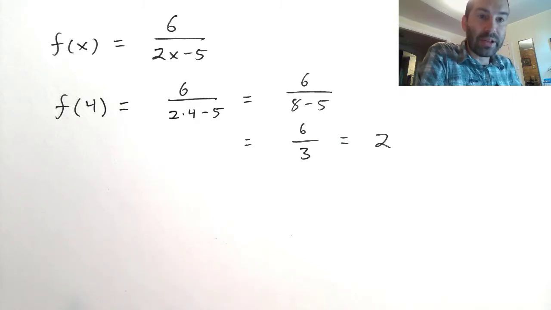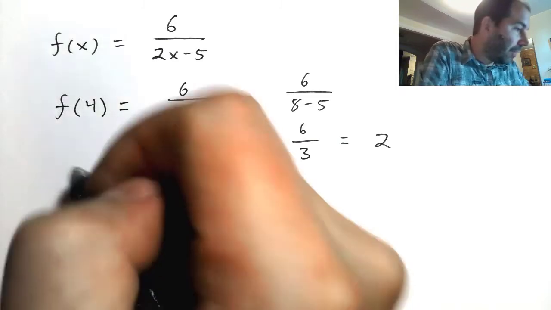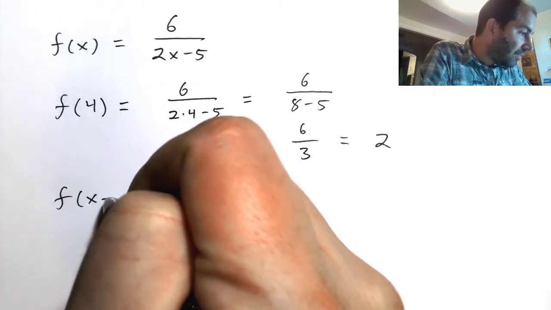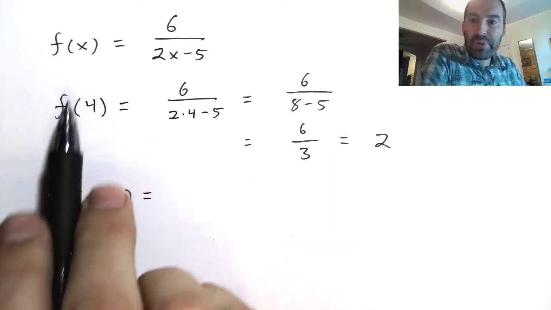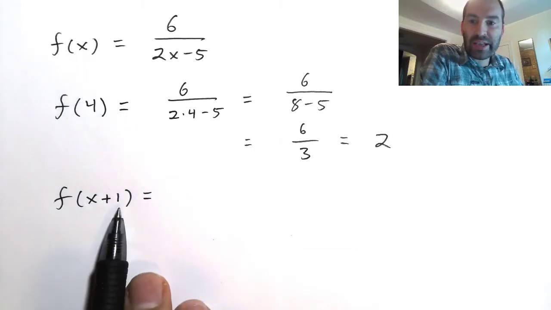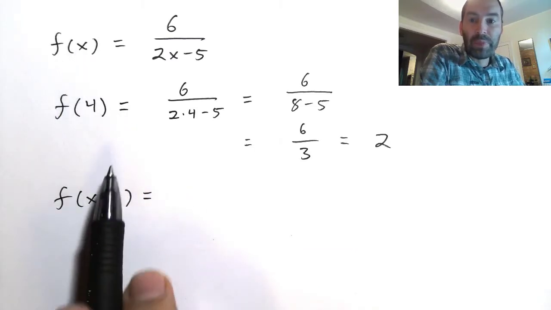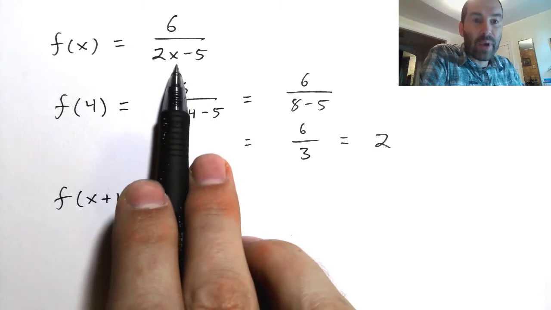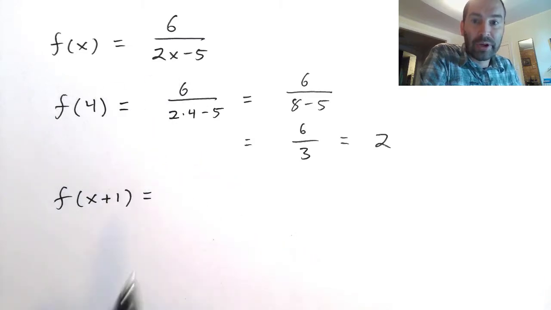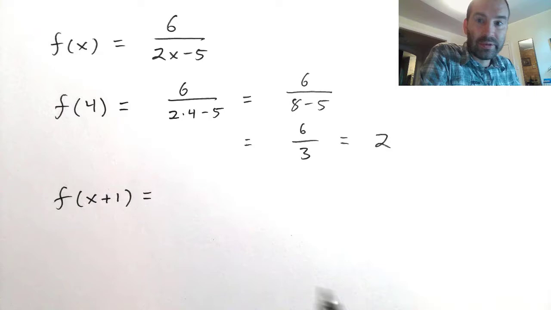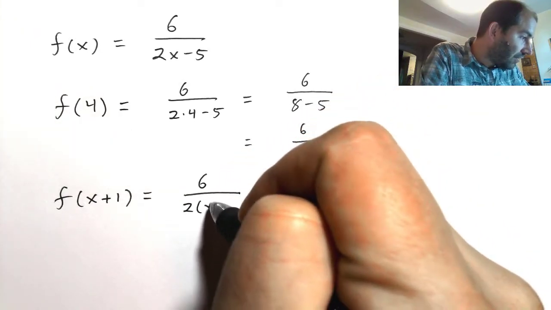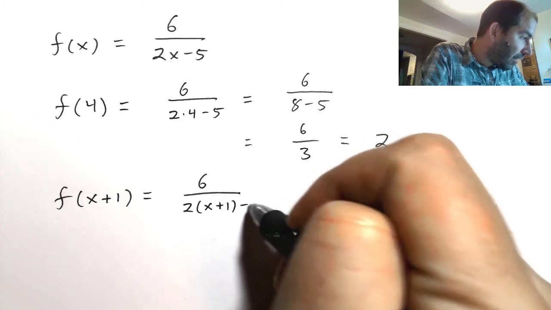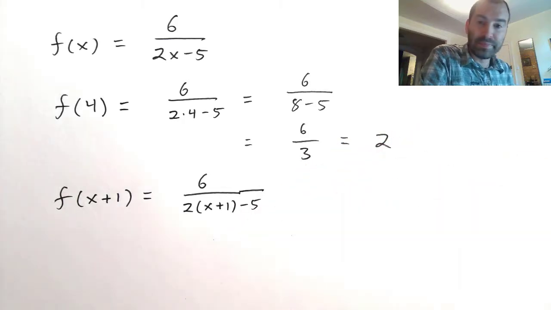All right, let's try something a little bit more interesting here. Let's try f of x plus 1. So in place of the x, I have inserted x plus 1. Well, that means that in place of the x on the right-hand side, I'm going to put x plus 1, just like we did with the 4. So I'm going to rewrite that expression, but in place of the x, I'm going to put an x plus 1.